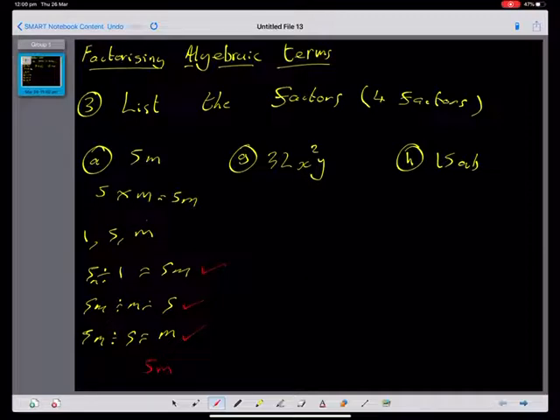Okay, so let's have a go at 32xy. So x is a factor because 32xy times x is 32x squared y because we add the powers. So x is a factor.